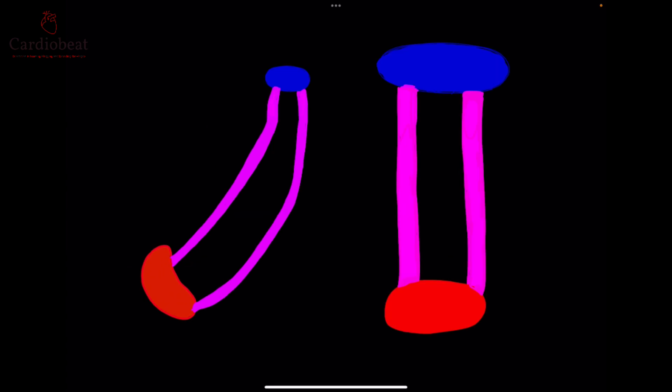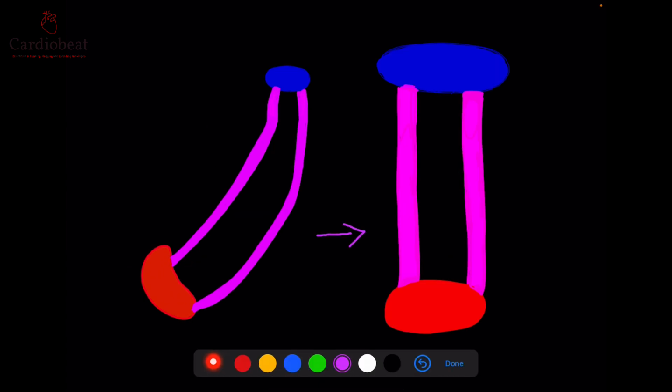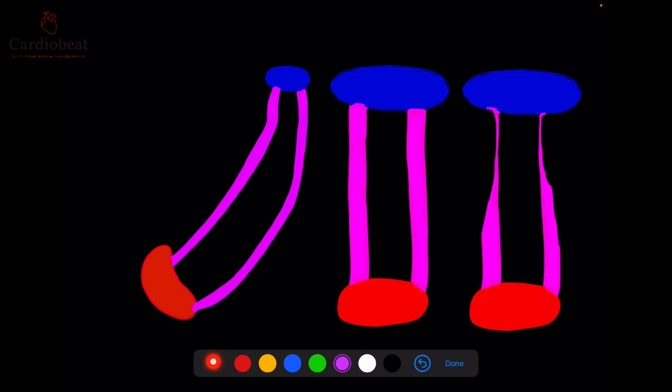For study purpose, I've just made this orientation a little different. So the change that is happening in the umbilical vein system will be taken as change number 2.